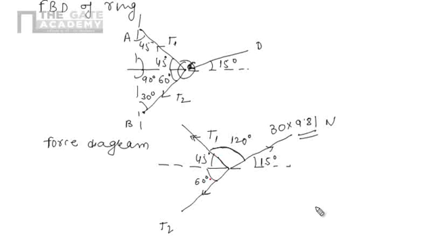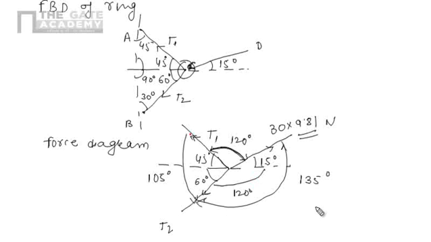Similarly, the angle between these two is 60 plus 45, that is 105 degree. And this angle will be 120, so this full angle will be 120 plus 15, 135 degree. Now we have all the angles between the forces. This one is 120 degree, here it is 135 degree, and here it is 105 degree.